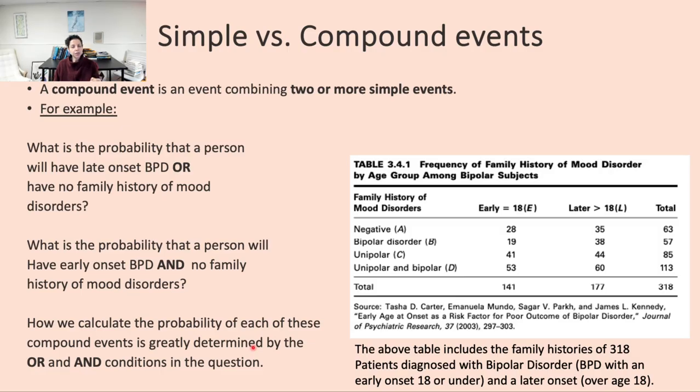How we calculate the probability of each of these compound events is going to be greatly determined by the or and the and conditions in the question. Okay? We're going to have very different approaches to an or statement of a compound event versus an and statement.